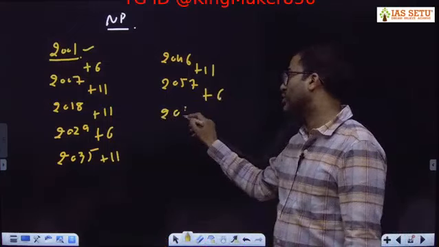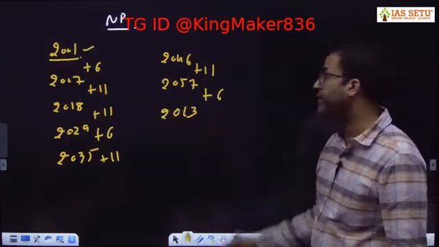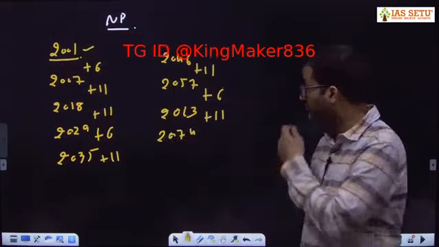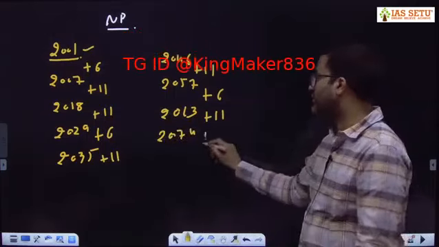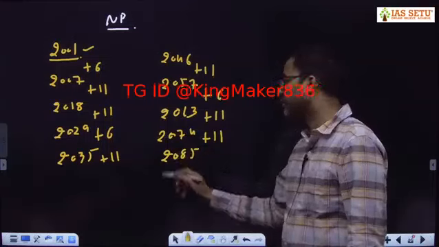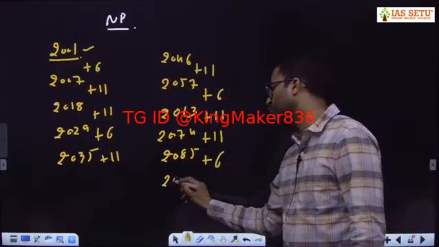So it is 2063. Calendar of 2063 will repeat after how many years? 11. 2074. 2074 repeats after 11 years? 2085. 2085 calendar repeats after 6 years? 2091.